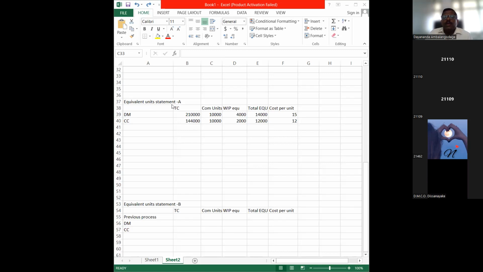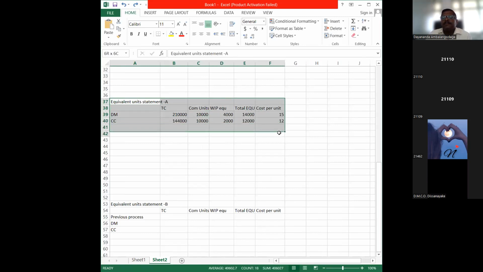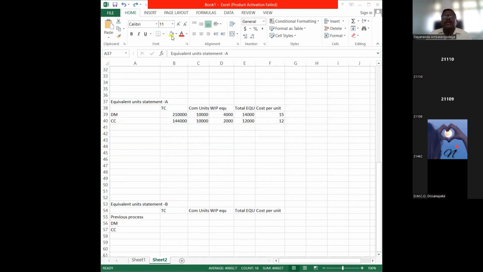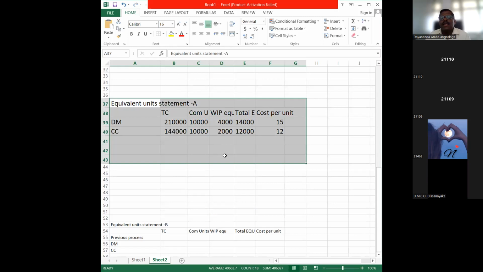Okay. Equivalent unit statement A. Of course, I hope that you all can see the Excel sheet, right? I will make it a little bit larger. Yes, you all can see the screen, the Excel sheet, as you said.